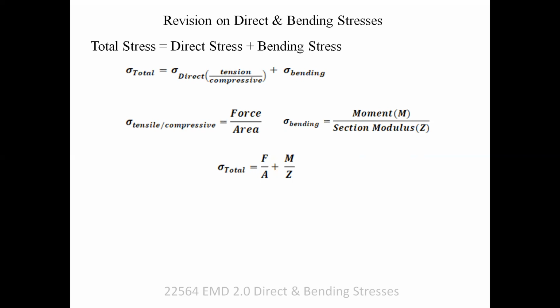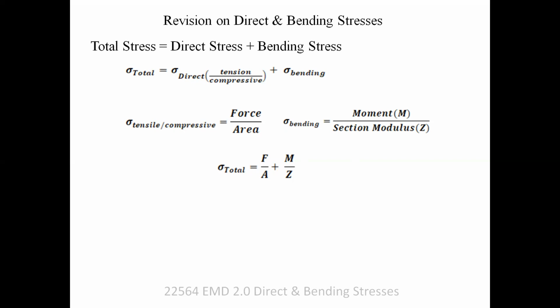Here I have considered only the plus sign, but depending upon whether the bending is compressive or tensile, that particular plus sign of sigma B is going to change. If there is tension plus tension, we consider both as positive.